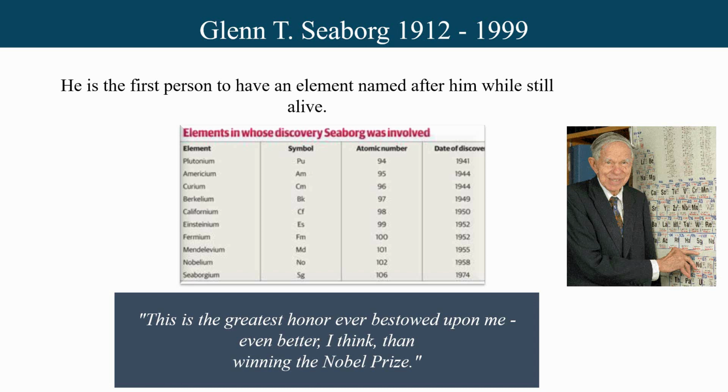He said that this is the greatest honor ever bestowed upon me, even better, I think, than winning the Nobel Prize. This is a list of some of the elements discovered by Seaborg: plutonium, americium, curium, berkelium, californium, einsteinium, fermium, mendelevium, nobelium, and seaborgium.